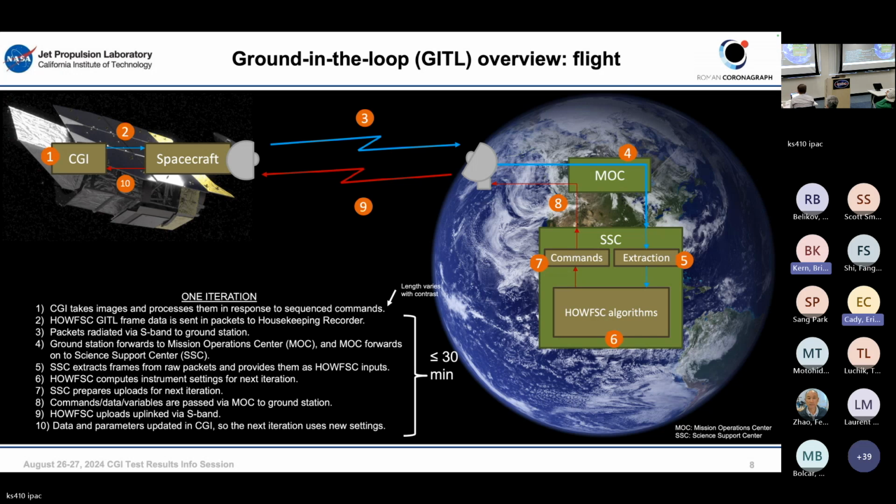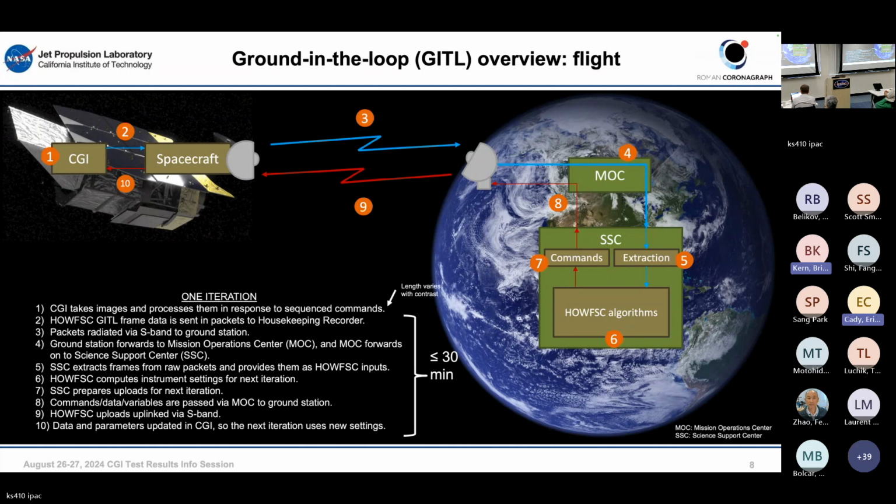So that's time varying. Once you get past that, it's a little more predictable. We're taking these images, we send them to the housekeeping recorder. This is actually going on as you take the image. You take them, you ship them out, take them, you ship them out. There's some parallelism here. And then these go down via S-band to the ground station.